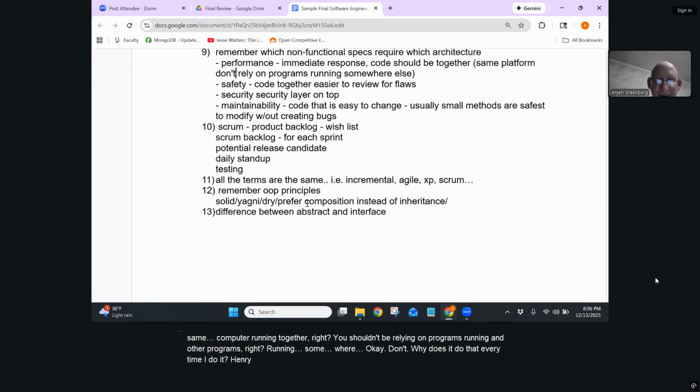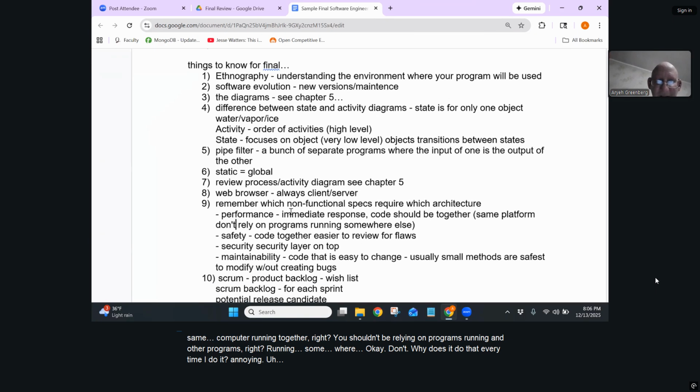Annoying. Okay. So if you're worried about performance, don't do that. If you're worried about safety, then you want to understand. From what I understand, Tesla started using AI for deciding how to drive, but the problem is you can't really debug AI, right?